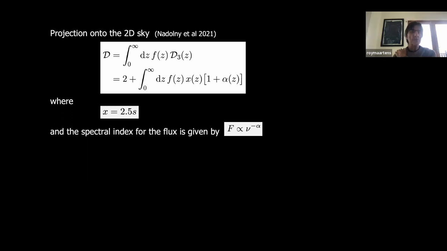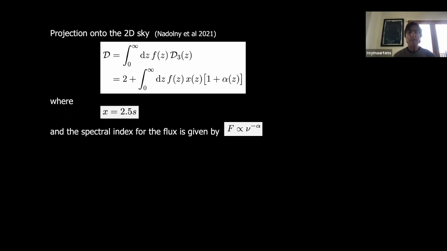Now, when we project this three-dimensional dipole factor onto the sky, remember the z integral has the weighting factor f of z multiplying the three-dimensional D. If we go through that, we find 2 plus an integral of f of z times x of z times 1 plus alpha of z.